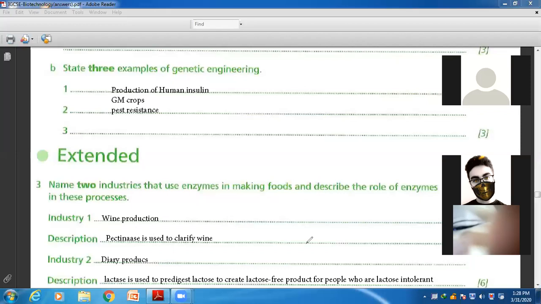I got an answer from one of the students: bacteria have plasmids for antibiotic resistance genes. Very good, very good. I think it's clear to all, right?